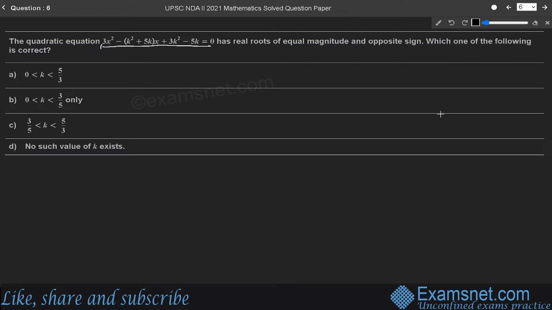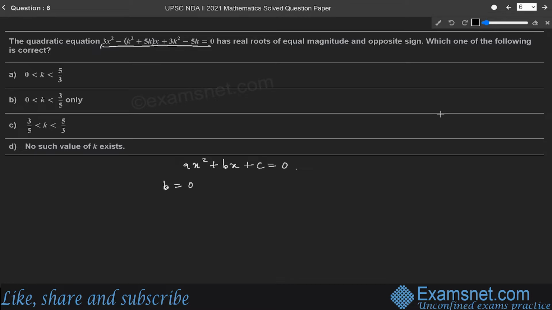It is a very important question. So understand it carefully. We know that a quadratic equation is in the form ax square plus bx plus c is equal to 0, and if the quadratic equation has real roots of equal magnitude and opposite signs, then we can say that b is always equal to 0 and the product of roots is less than 0.